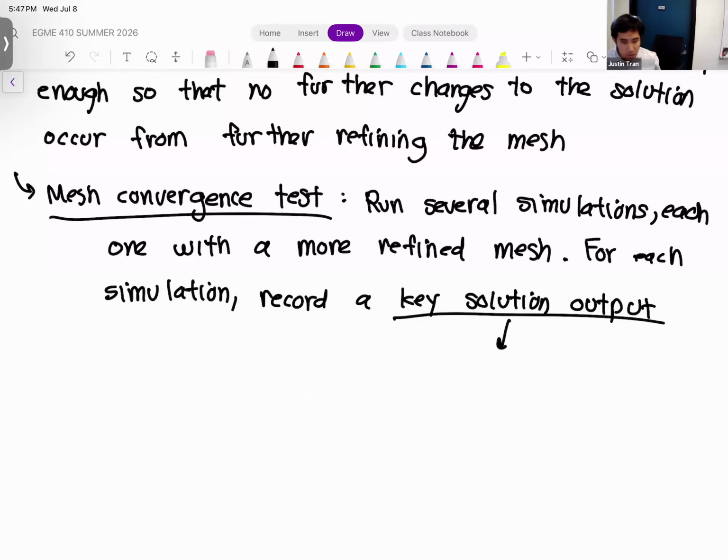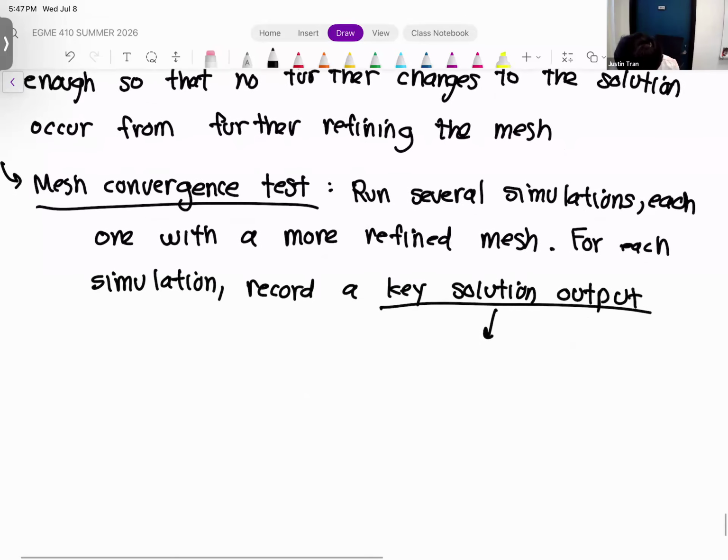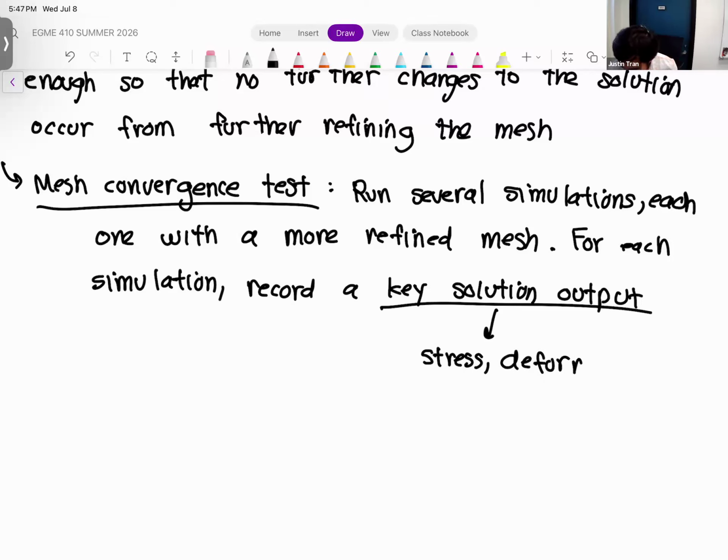For a structural simulation, you're usually going to want to record the stress. You can also do this with deformation, technically.